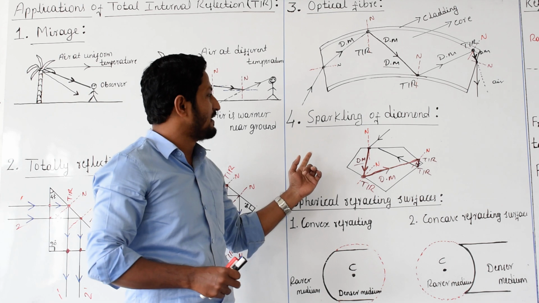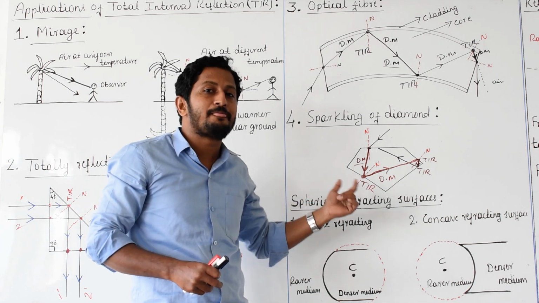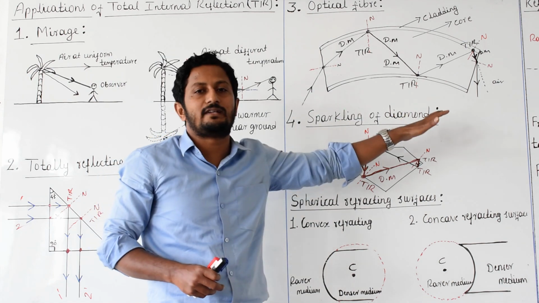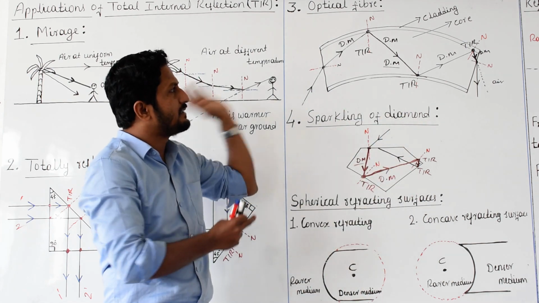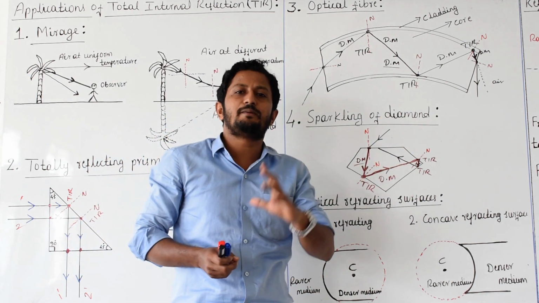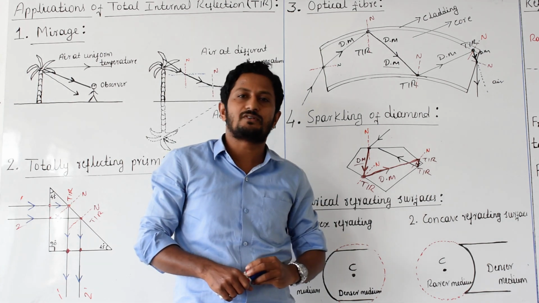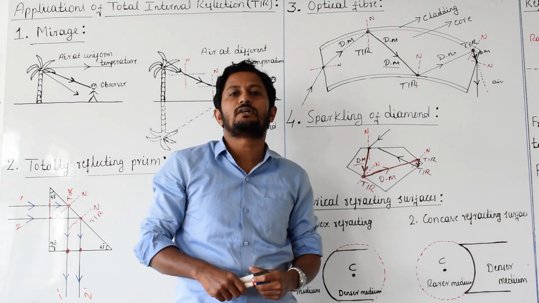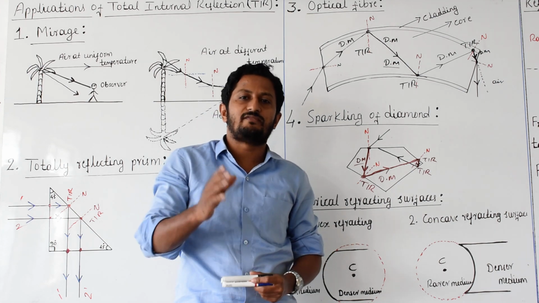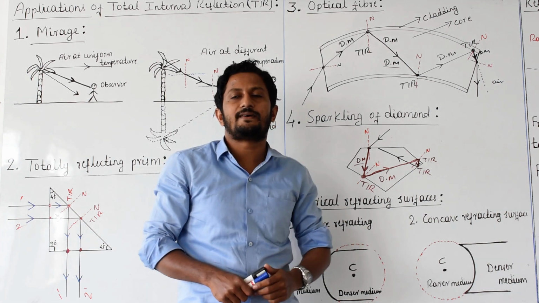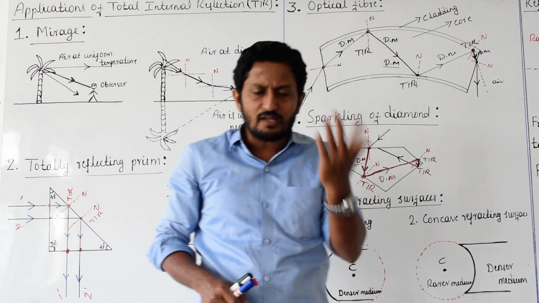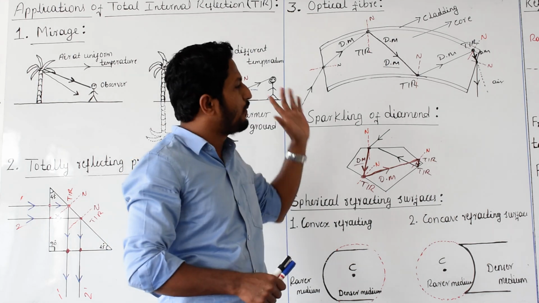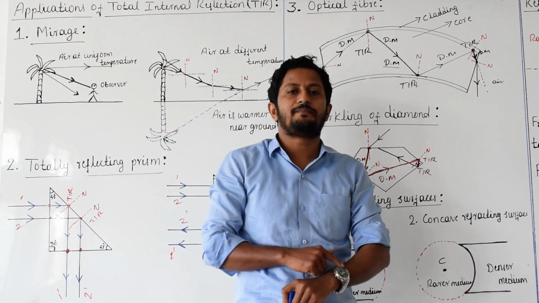So we consider that as an application of TIR, the sparkling of diamond. These four are the very important applications of TIR. In the exam, you must and should mention these four. If they ask a question like write any few applications of TIR, it's a very important concept.